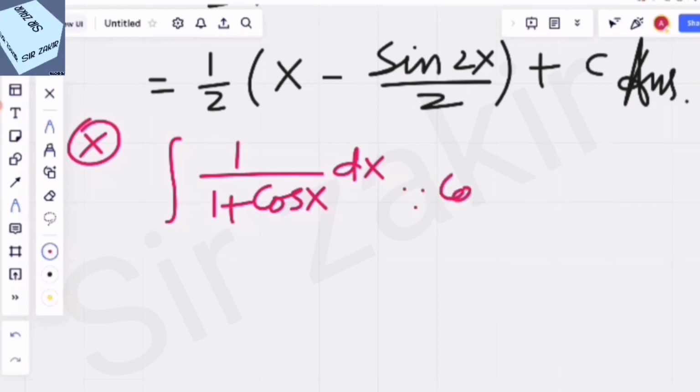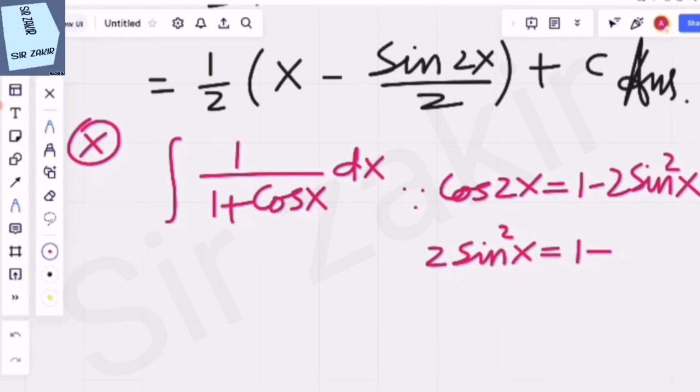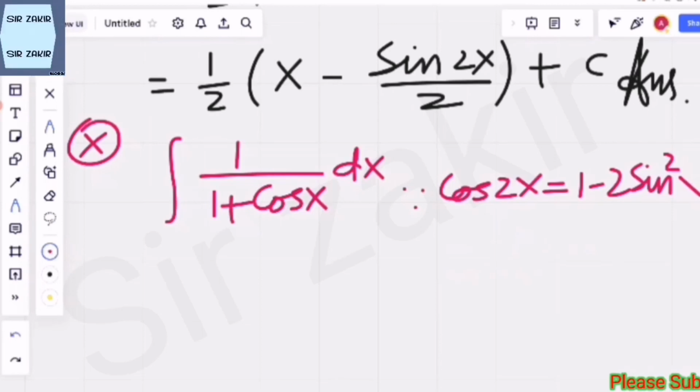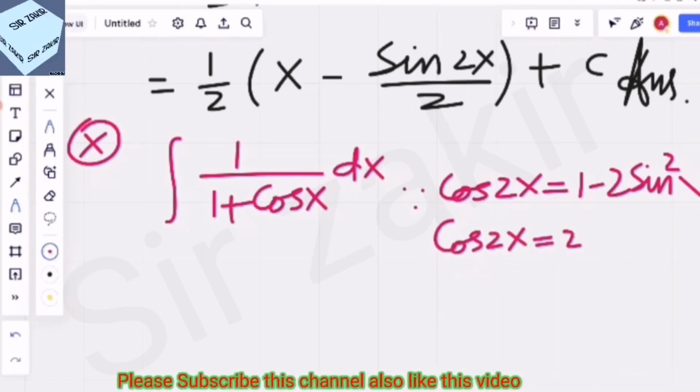If we see cos 2x, because of this conversion, cos 2x is equal to 1 minus 2 sin^2 x. If we take 2 sin^2 on this side, it is positive obviously. 2 sin^2 x equals 1 minus cos. So this doesn't match with it. 1 minus cos doesn't match.